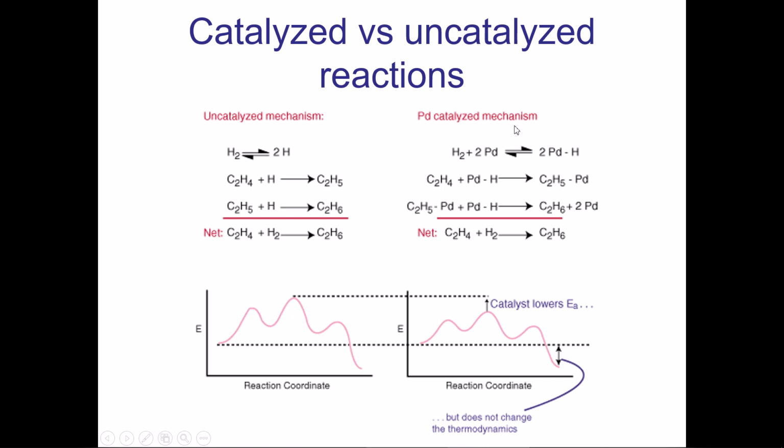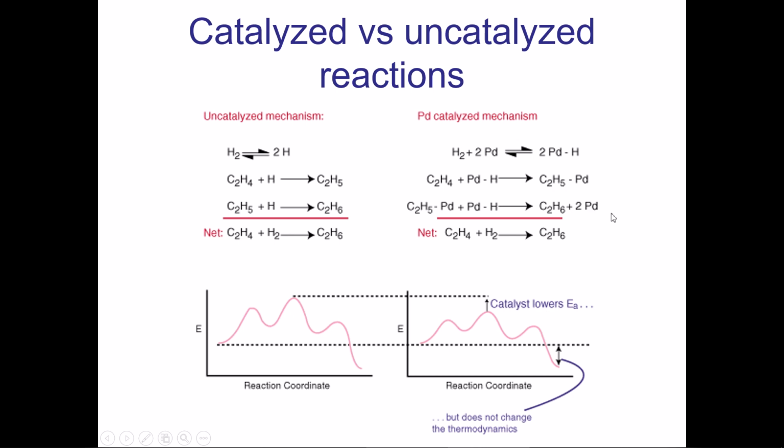In the palladium catalyzed reaction, we see palladium put in at the beginning, so a catalyst has to be put in at the front. We see how it helps produce the H's, and then it allows the H's to be added to the carbon chain more effectively until it comes out at the end. And it comes out the same way it went in.